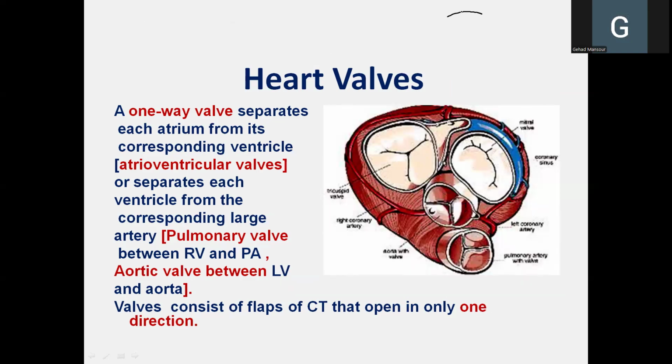On the other hand, during relaxation of the ventricle, when the ventricle does not pump blood, the pockets will not be empty, but they will have less blood. So they will be less engorged with blood, and when they are less engorged, they are not adjacent to each other.